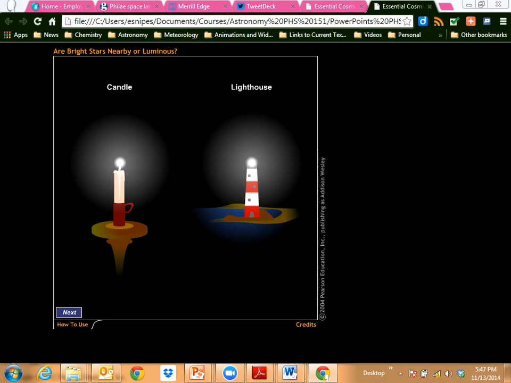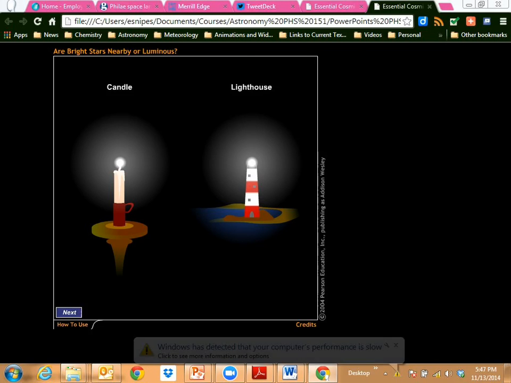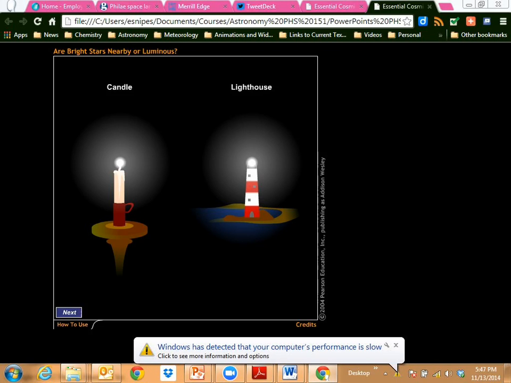Why is it farther away? This is what we do with stars. It's farther away because how is its brightness compared to the candle? Same. It appears the same, but which one has more luminosity? The lighthouse is pumping out a lot more light.